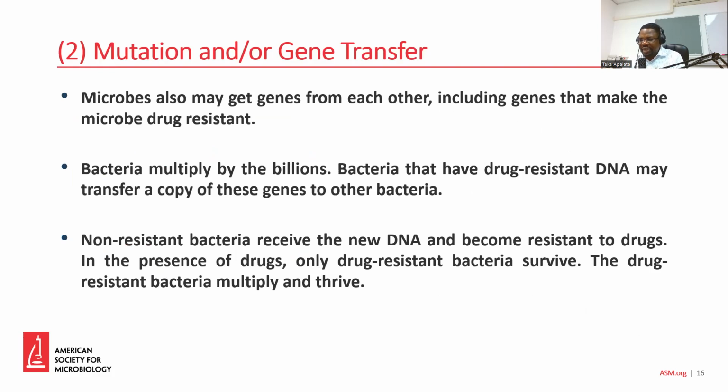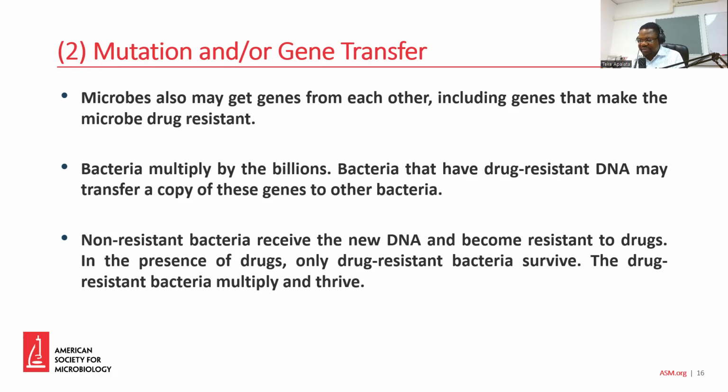Microbes may also get genes from each other, so there is an exchange of genes between microorganisms, including genes that make the microbe become drug resistant. Those bacteria usually multiply by the billions, and they have drug-resistant DNA that they transfer a copy of these genes to other bacteria.